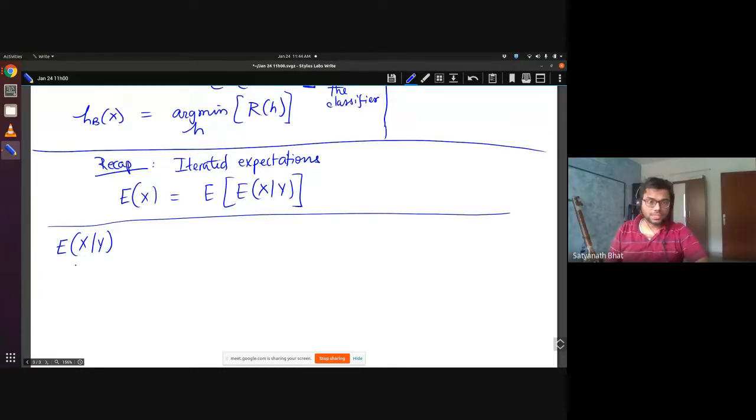So conditioned on Y, which is also a random variable, is it a number, or what is the thing? Does it change, first of all, the expected value of X given Y?